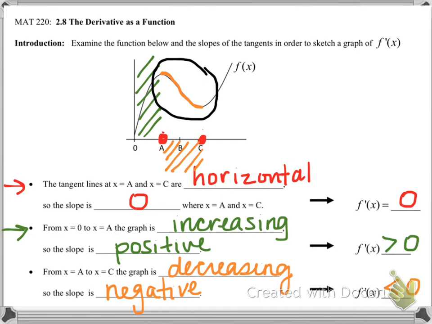So where in this region is the slope the most negative? And I would say the slope is probably the most negative somewhere maybe about there. And that might be close to the x value of b. So that means that when x is equal to b, we're going to be plotting a y value that will be the most negative.